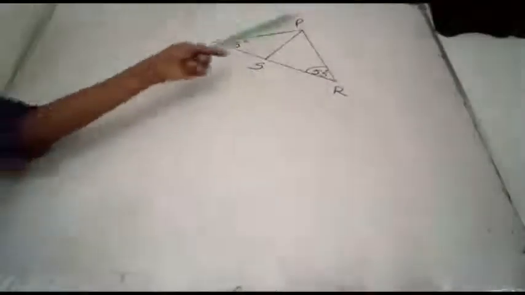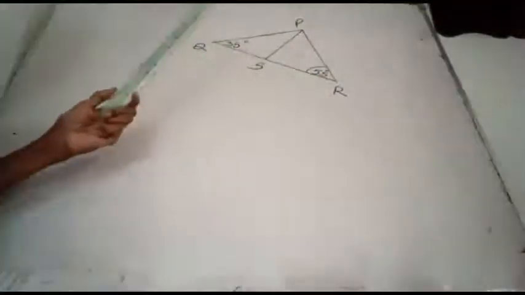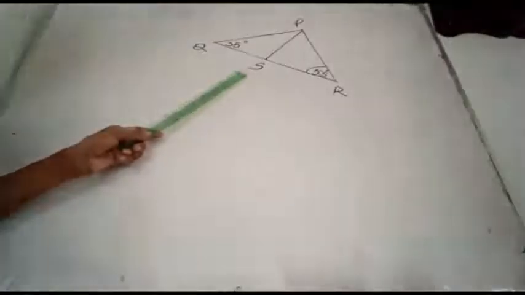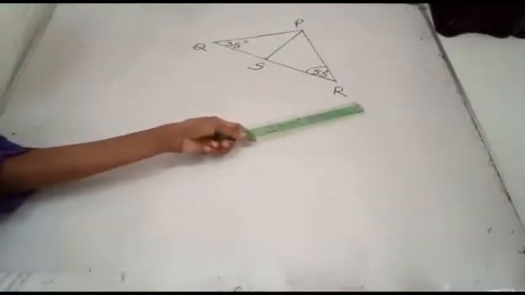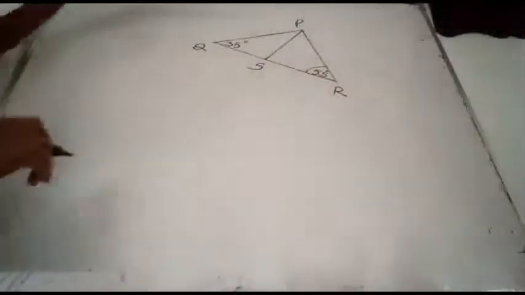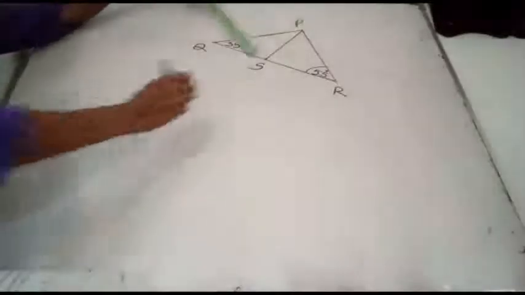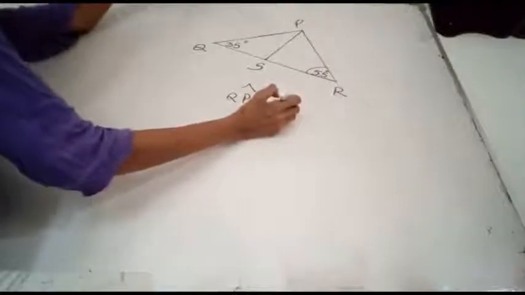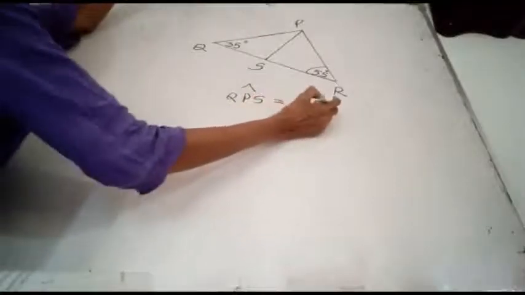In the triangle PQR, the point S is located on QR such that angle QPS equals angle RPS.